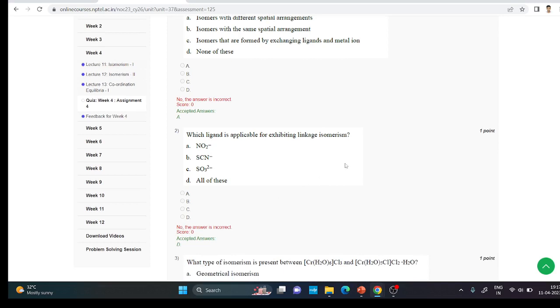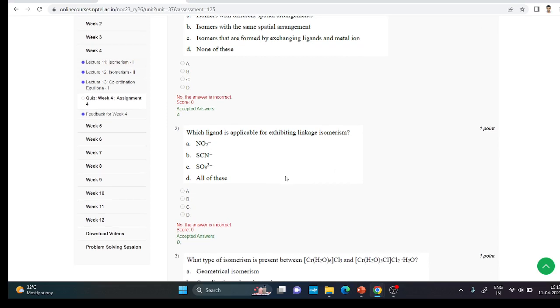Exhibiting linkage isomers. So here the answer is D. No, this one is not there, I think. The another question.